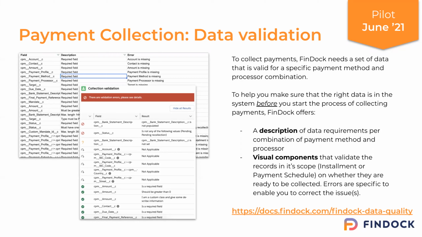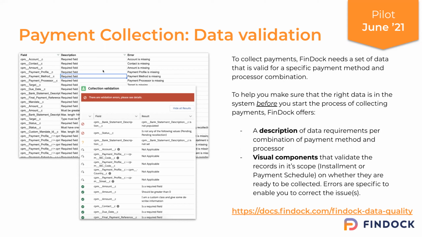And with this pilot, we built a component in Salesforce that validates in real time the set of data that's in scope for the payment collection, and on a record and field level, very specifically gives you feedback saying, this record is correct, but this record needs, I don't know, the bank statement description is too long because it can be maximum 80 characters and you've inputted 95.